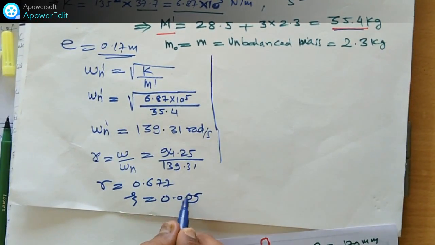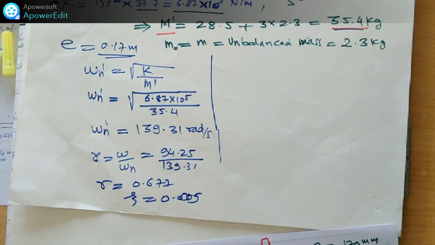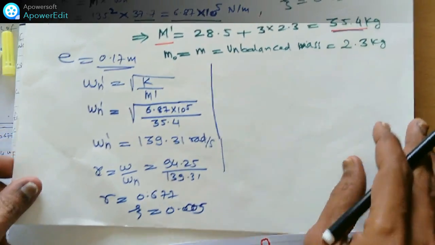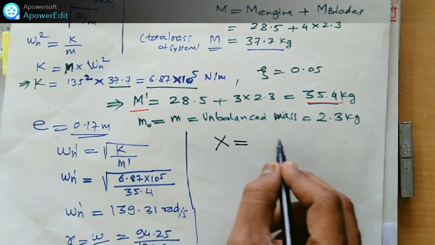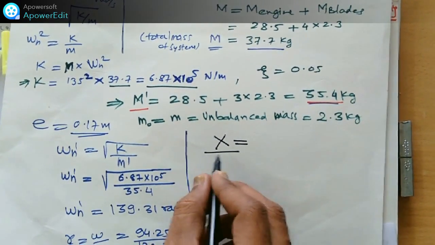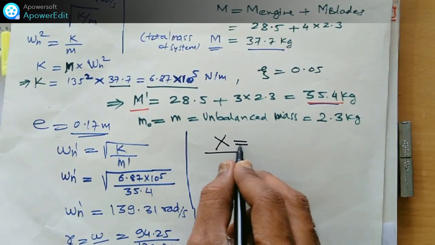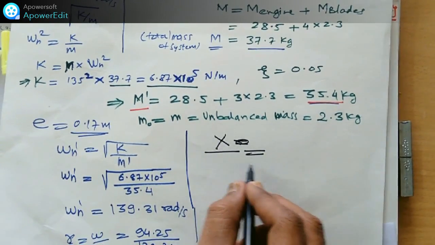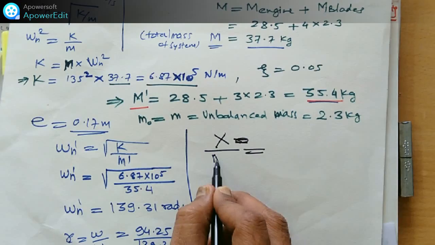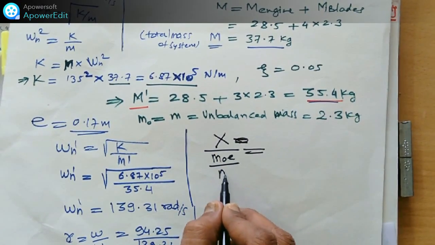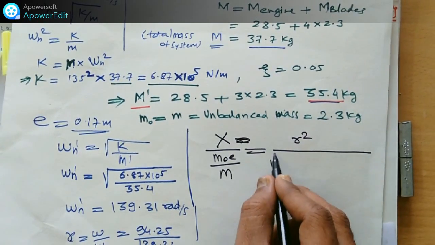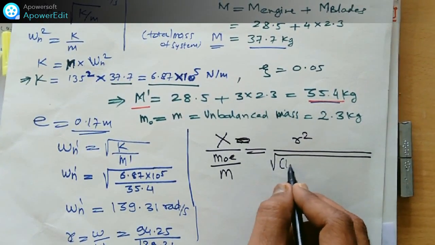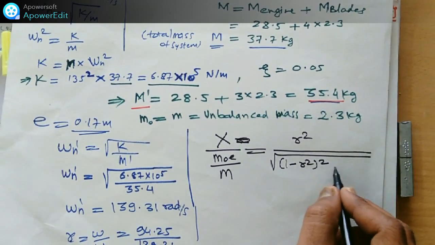So why have I written this here? Because we know the formula to calculate the amplitude for this rotational unbalanced mass. We can find out x by using this formula: x is equal to m0 E by m, which is equal to r square upon under root of (1 minus r square) whole square plus (2 zeta r) square.